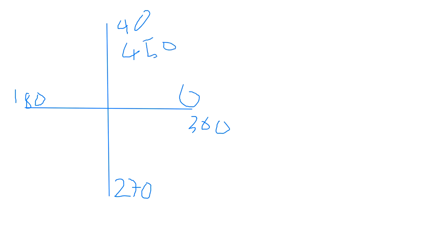Then we come to 540. So it goes periodic like that. Then we come back to 630. Then we come to 720. It can go on and on like that. That's what we call periodic.